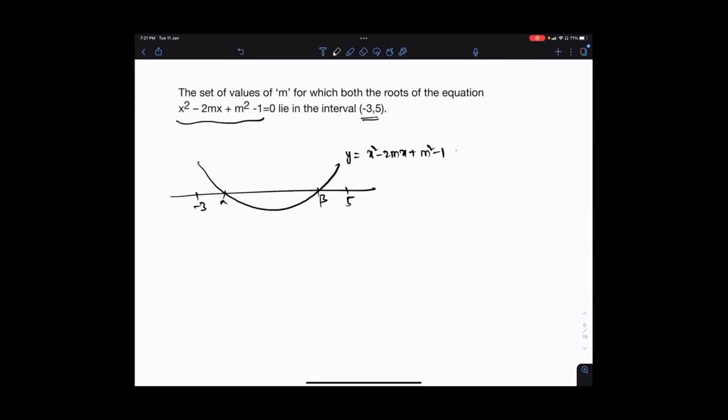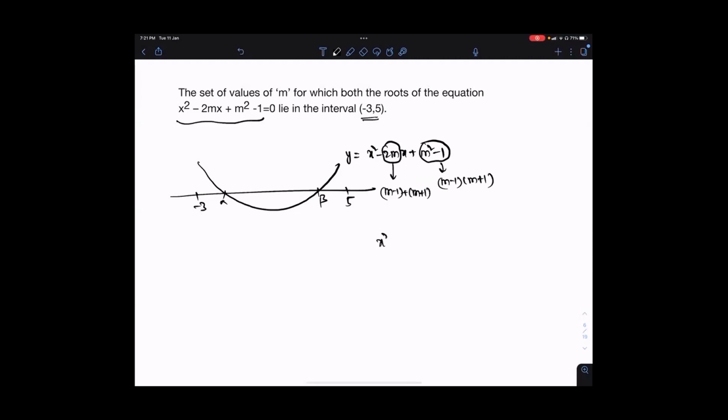First, if you actually observe this expression, the constant term can be written as m minus 1 into m plus 1. And this 2m is like m minus 1 plus m plus 1.